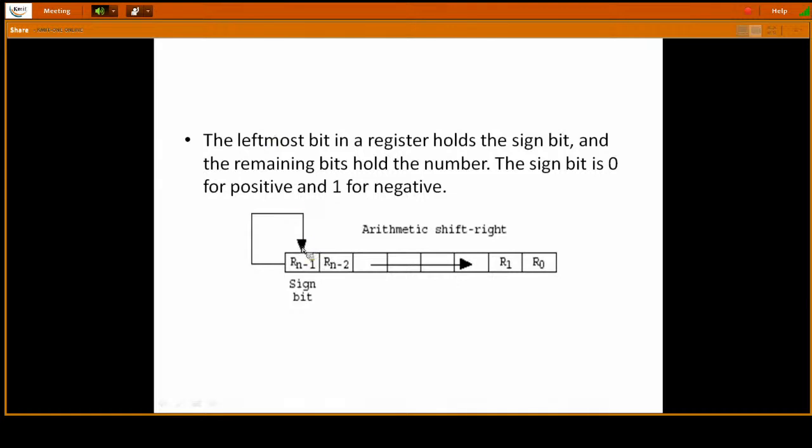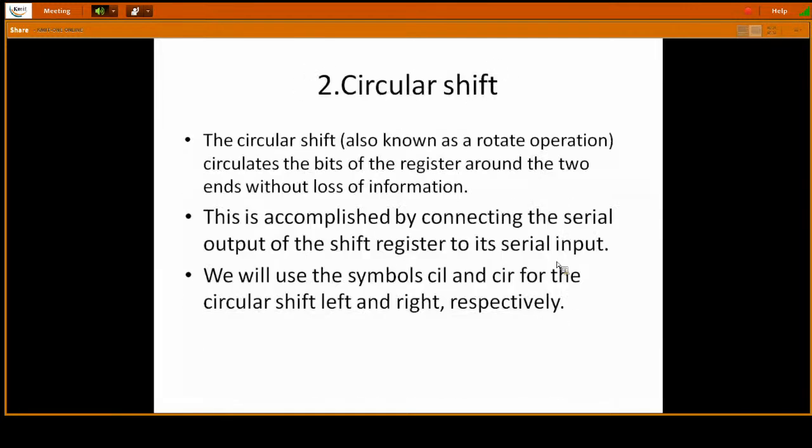So, when you want to perform an arithmetic shift operation on signed data, you should not consider this MSB bit as part of the original value. What is the original content? You must consider from here, from R(n-1) to R0. For example, I'll show you one example.